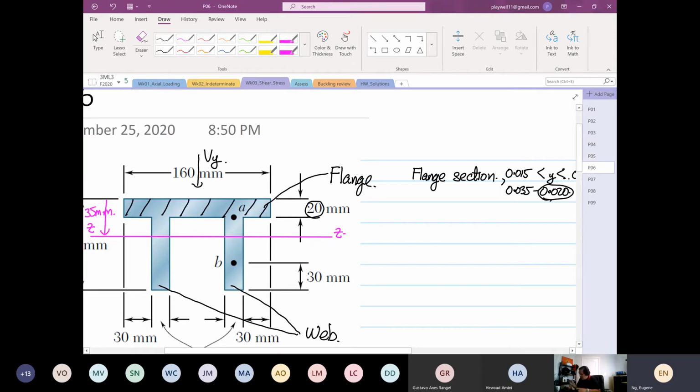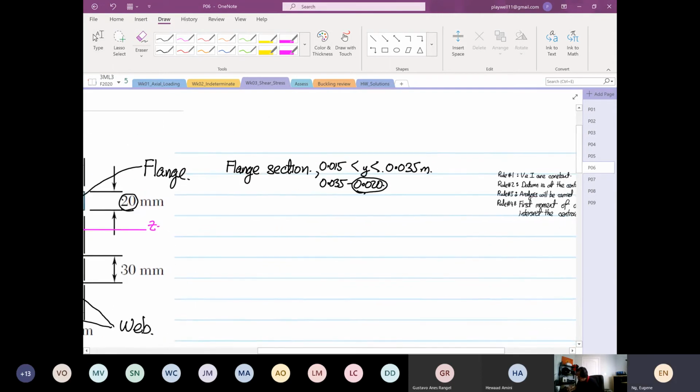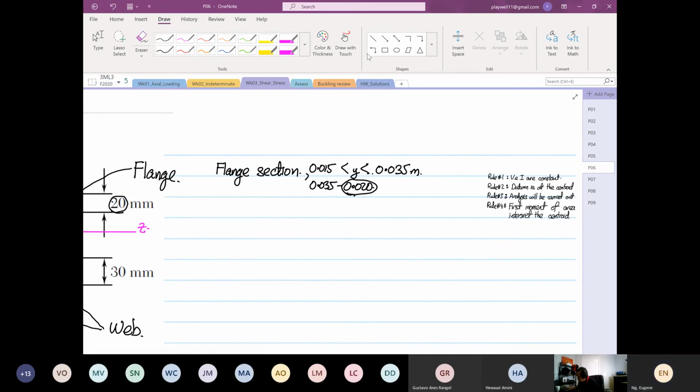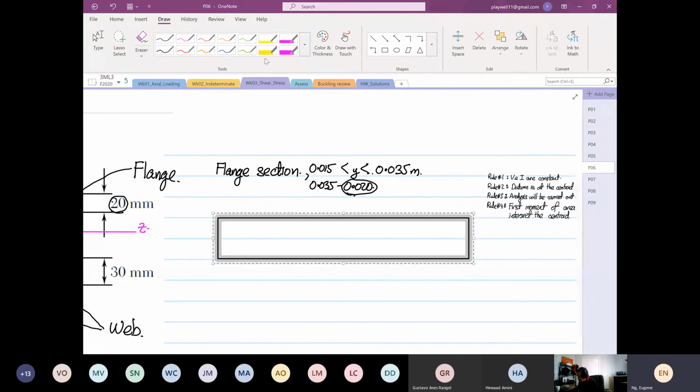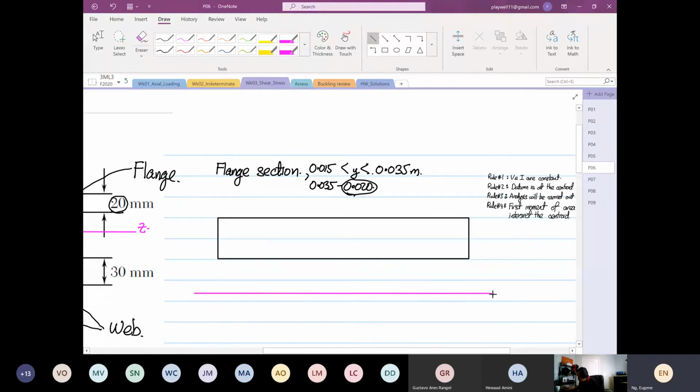But for this case, I'm going to teach you how to find the distribution equation. So now I'm going to draw the flange section. This is the flange section, and this is the centroid. Our variable, we're going to stop somewhere around here, at an arbitrary distance.